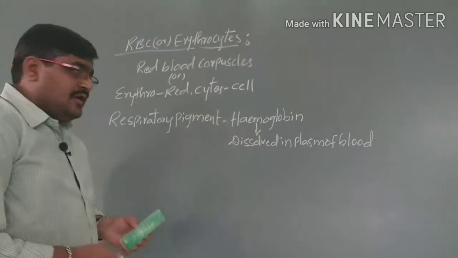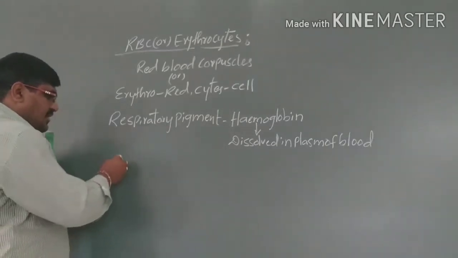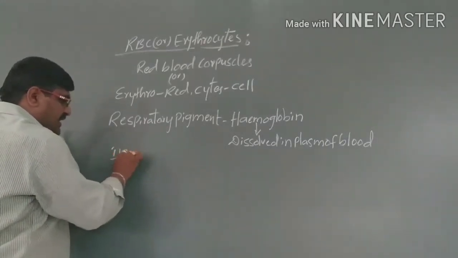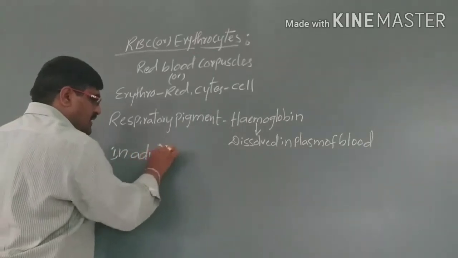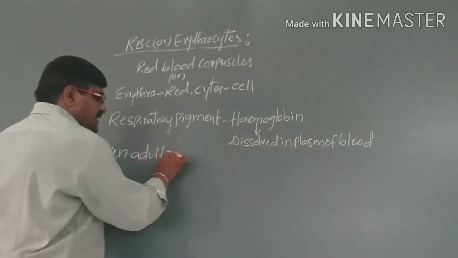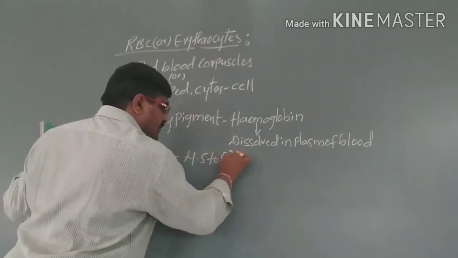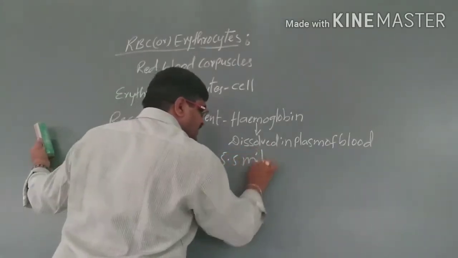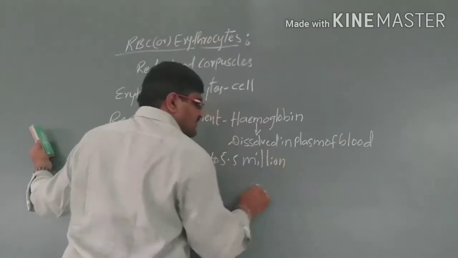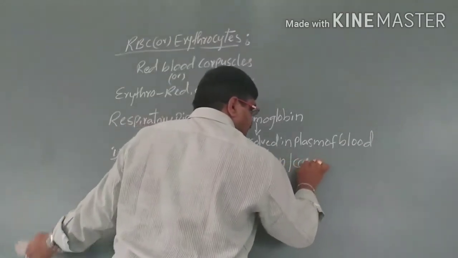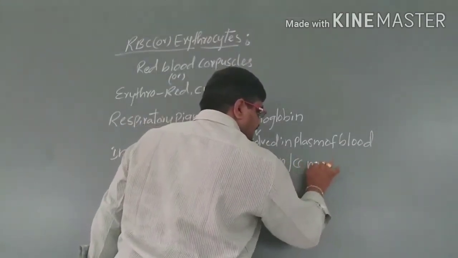In our body, the erythrocytes in an adult number 4.5 to 5.5 million cells per cubic millimeter.